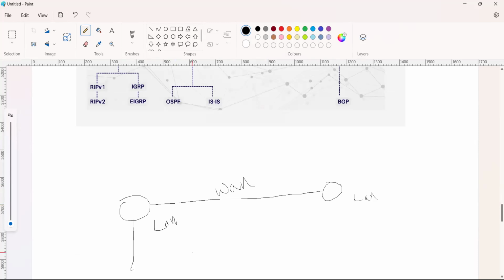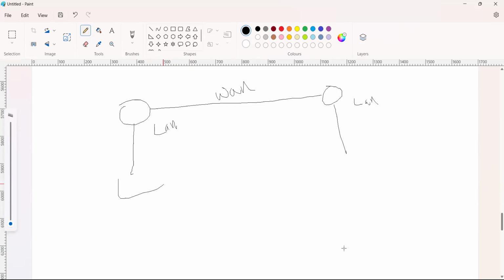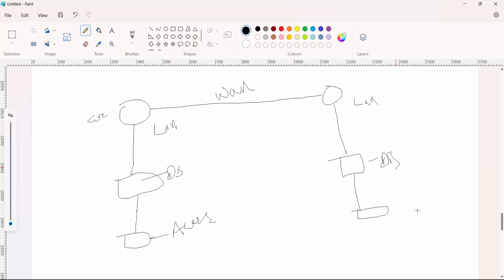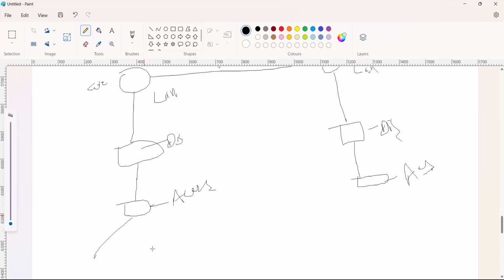Within an organization, you can assume this is your switch, this is a distribution switch and this is a core, connected to access. And this one is distribution, again connected to access, and these are your end users.